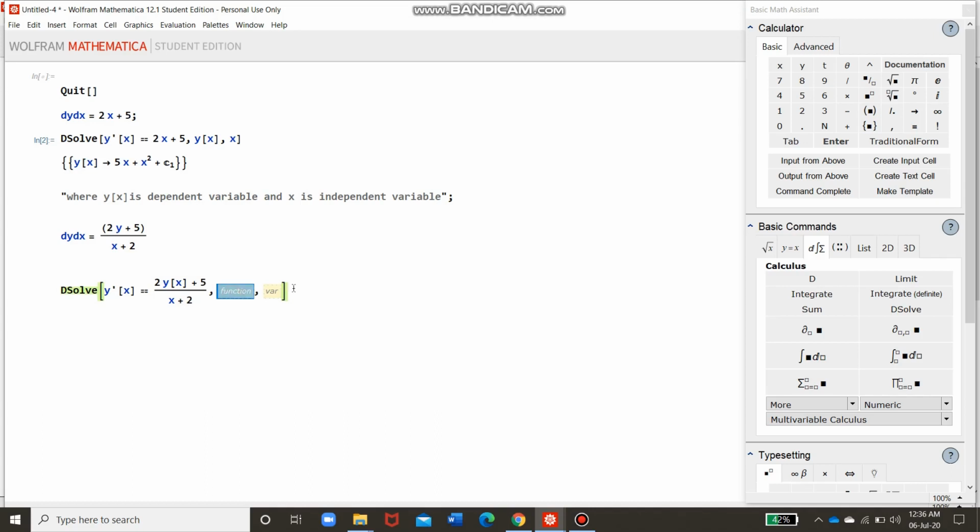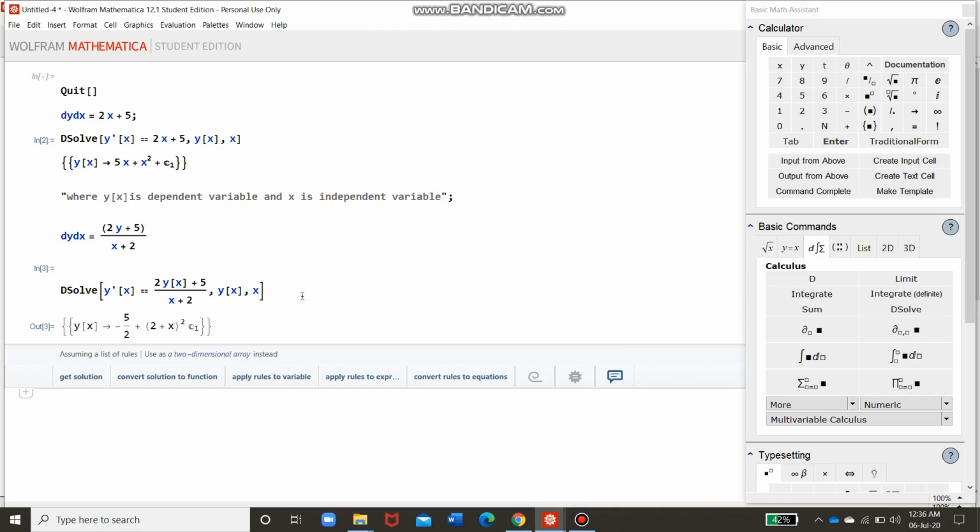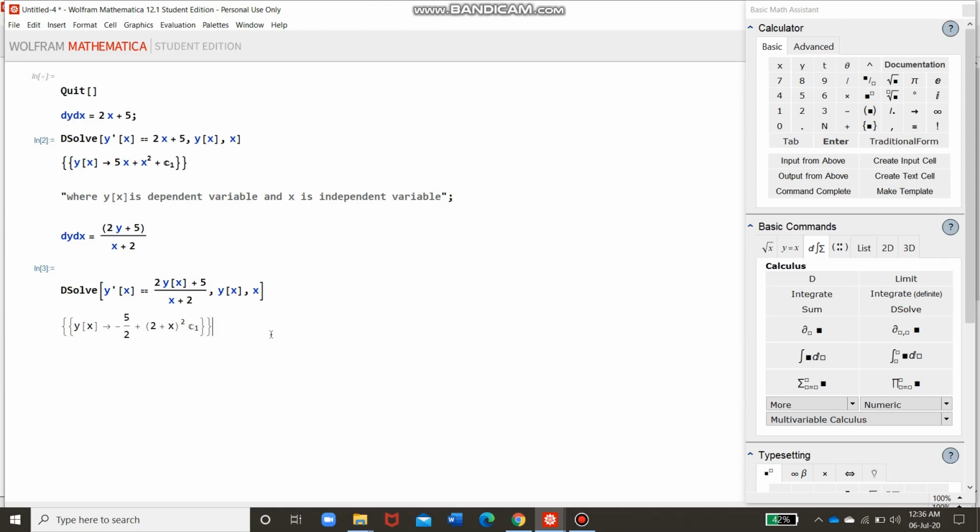Your variable, your function is y of x, and it's with respect to x. You solve that equation, you get 5 by 2 plus 2 plus x, the whole square, and a constant. So I hope you understood this, and let's try another problem where you're going to try to solve this.